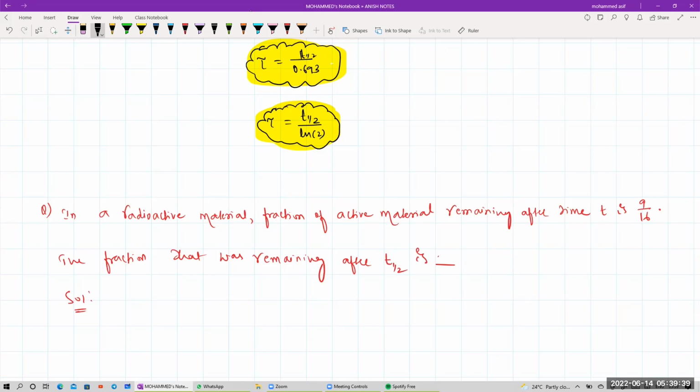So let's read the question. In a radioactive material, fraction of active material remaining after a time t, यानी time t के बाद कितने बचे, उसके पास 9 by 16. अब पूछ रहा, what is the fraction that was remaining after t half? यानी what is our formula?